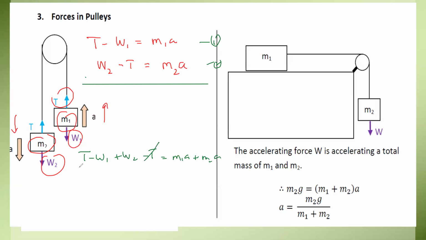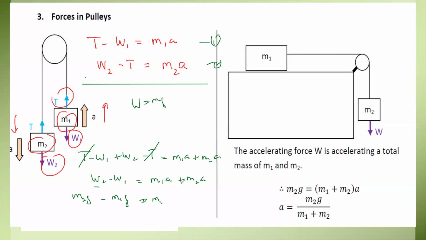This T will cancel with T and it will be W2 minus W1, because one is positive and one is negative, equal to M1A plus M2A. Here weight is mass multiplied by gravity. So W2 will be equal to M2G and W1 will be equal to M1G.